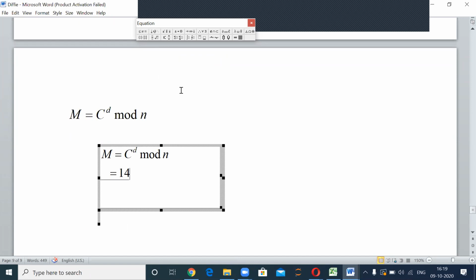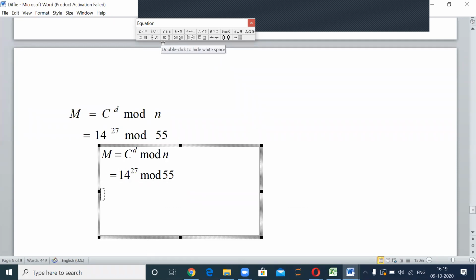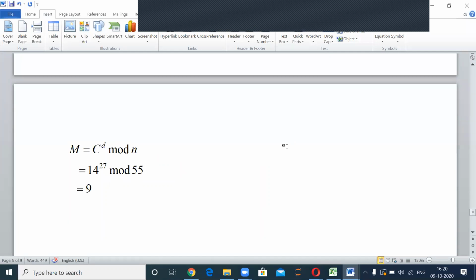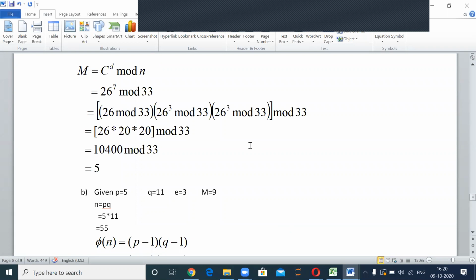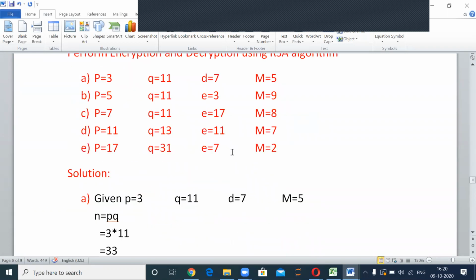D is 27. Is it correct? 27, mod n, where N is 55. After calculation, you get the plain text, that is 9. You do the calculations. This is about the second problem.